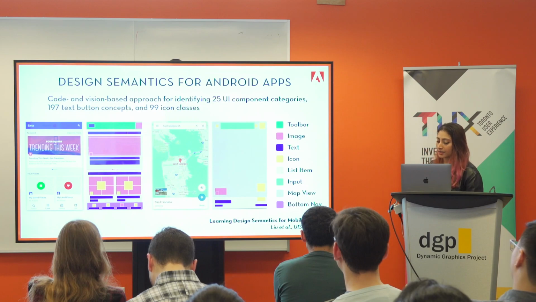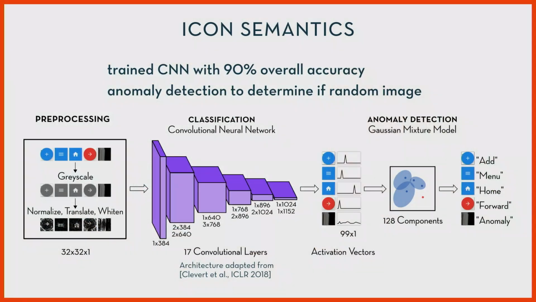But for icons, it's tricky because they're very hard to differentiate from just regular images. So we had a rough heuristic for identifying potential icons, which is they're kind of small, they're square. But really, you don't get a very high accuracy rate if you just use that. And you also don't know what class of icon it represents.